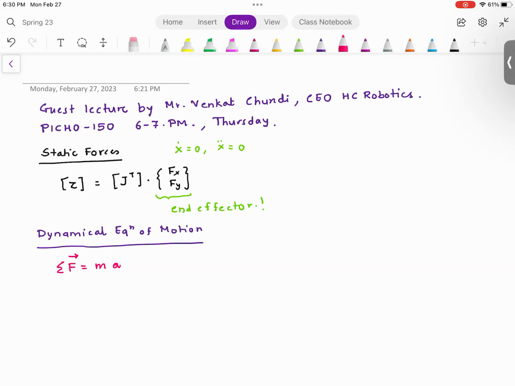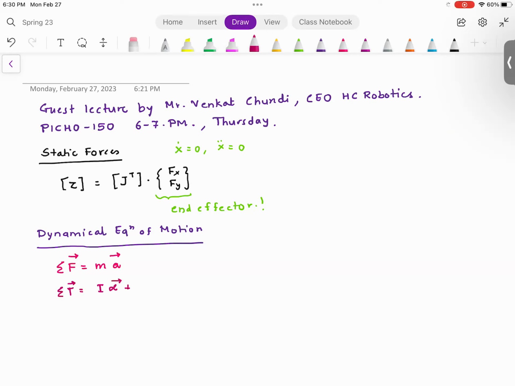Force is a vector, acceleration is a vector, and mass is a scalar. Everyone understood this? There is another equivalent expression: summation of moments or torques is equal to I multiplied by the angular acceleration, T is equal to I times alpha.